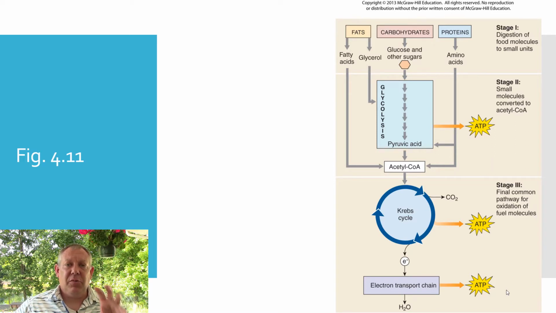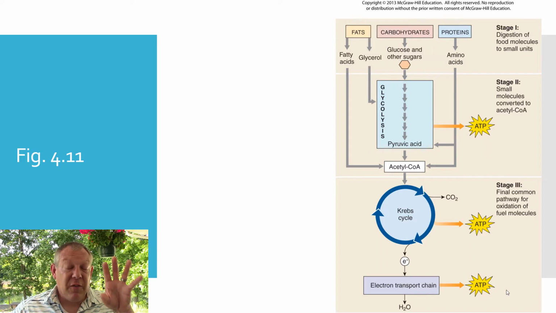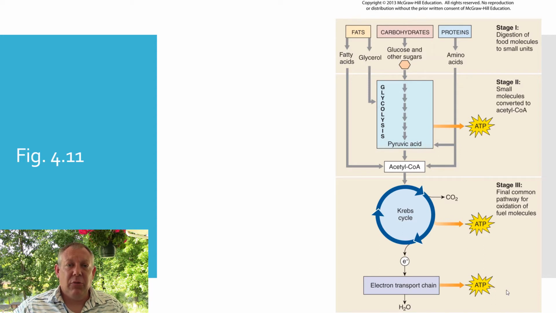Now, each of these 3 also produce some ATP, and that's important. But what's important about the first 2, glycolysis and the Krebs cycle, is that they ultimately feed things into the electron transport chain, and the electron transport chain is where you get a whole lot of ATP. All right? But they have to occur in this order.